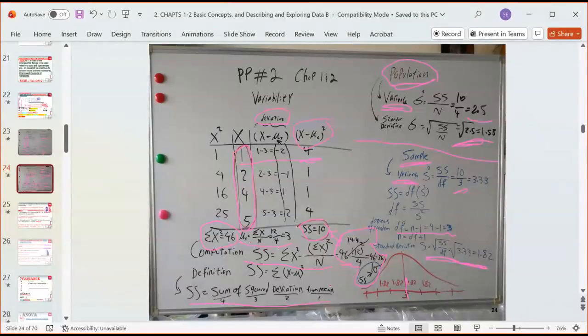And on the same token, if you want to use the definition, you have to follow that definition, which says sum of squared deviation from mean. The reason I wrote that for mean is so you can remember your first task, if you want to calculate the SS by using the definition, is to calculate the mean for your distribution.